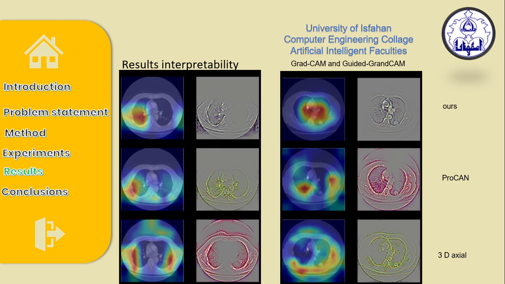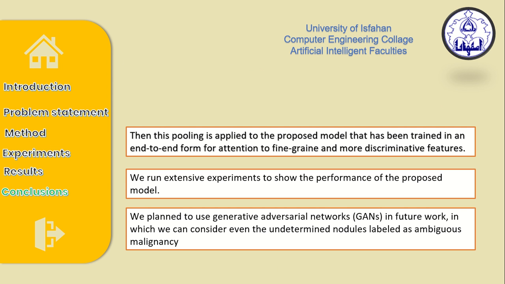This is a malignant nodule and this is a benign nodule. We can see our model concentrates more on the nodules than the others. This is for interpretability measurement.